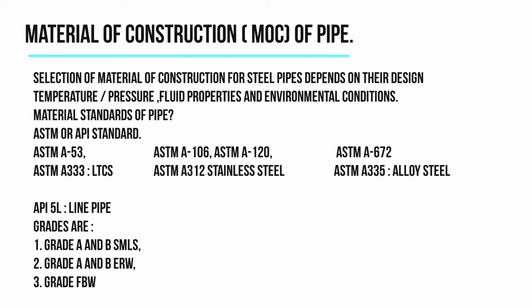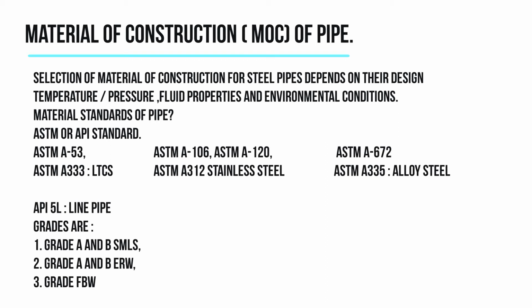We can manufacture pipe by two methods: seamless and seamed. In seamed, electric resistance welded pipe is not considered satisfactory for service above 400 degrees centigrade, whereas furnace butt welded pipes are not good above 340 degrees centigrade. For higher temperature, pipes shall be made of stainless steel or other alloy steel like alloy 625.